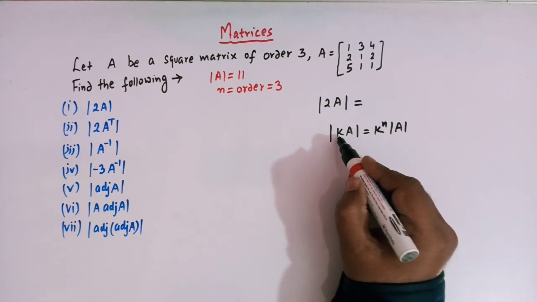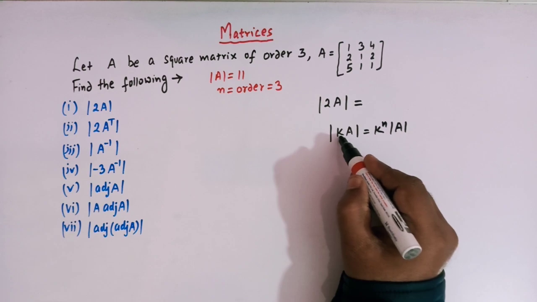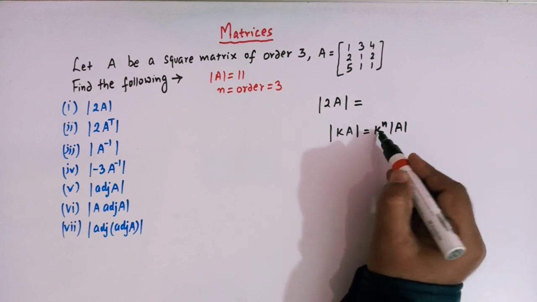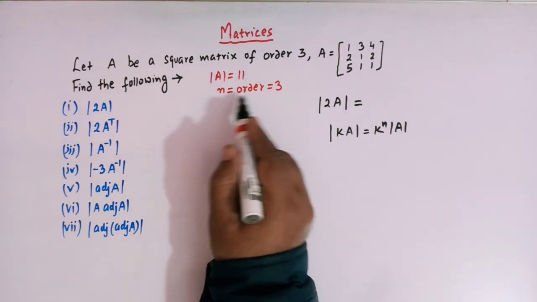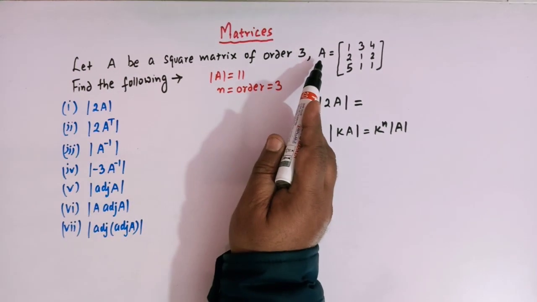So here when we take this k outside, then we'll take the power of k as n, and n is the order of the matrix A, right?